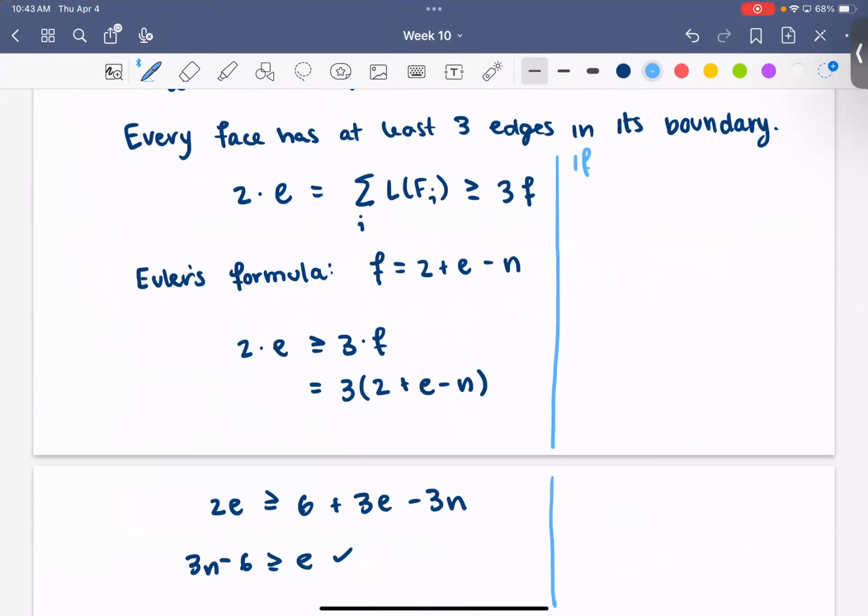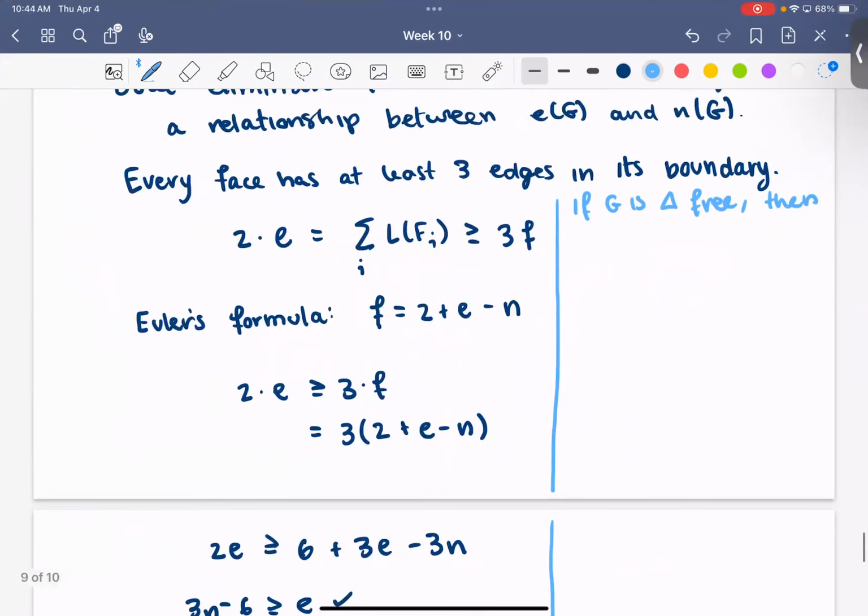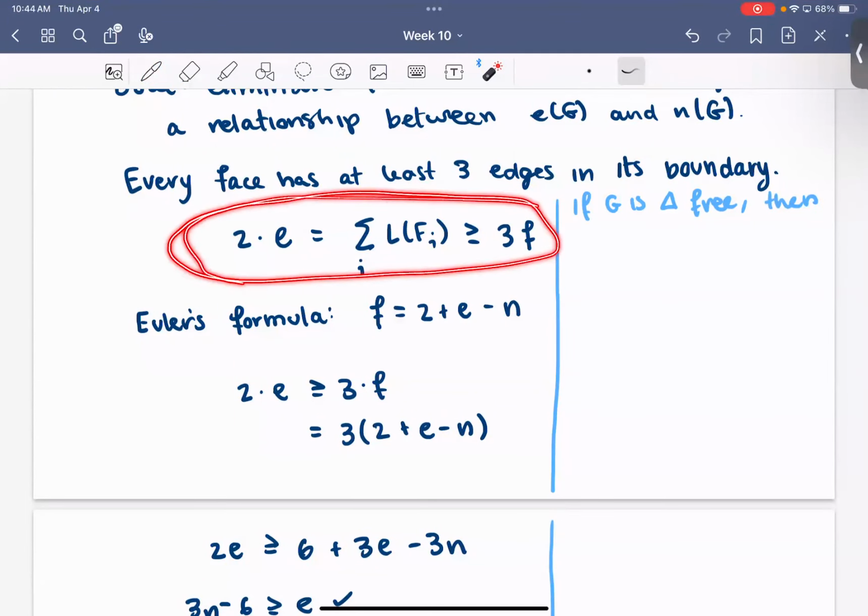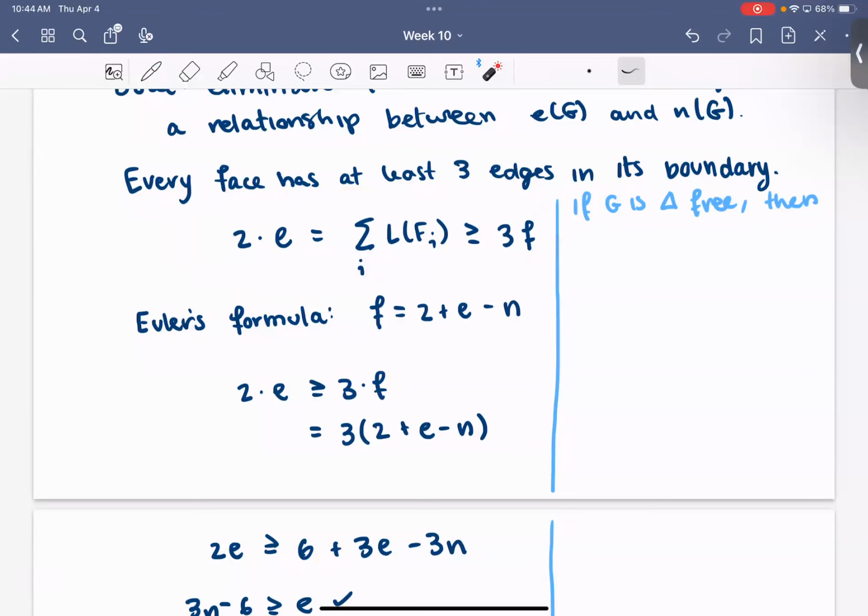So if G is triangle free, then what is the new version of this inequality? Yeah, so this is going to be 2 times E is greater than or equal to 4F, because every face is now going to have at least 4 edges.